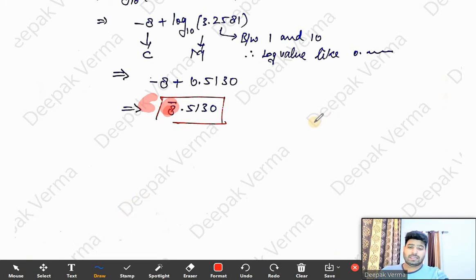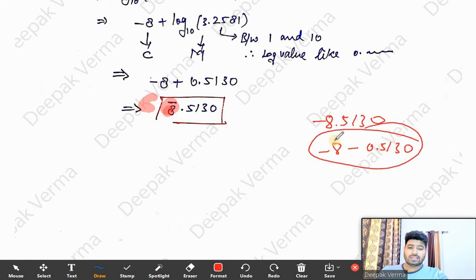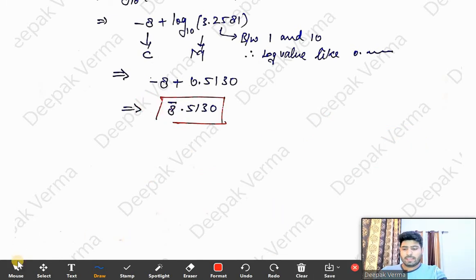If we write it like 8 bar, it means only the characteristic part is negative and the mantissa part is positive. If we write it like minus 8.5130, it means the mantissa part is also negative. Got it? So there is a difference. So we will write it like this. It means only the characteristic part is negative. Is it clear? So this is how we look into the table of log, how to find the logarithm of any number using the log table.